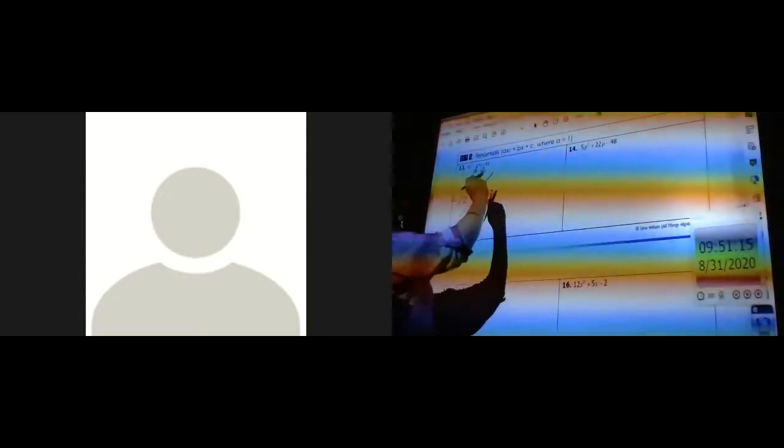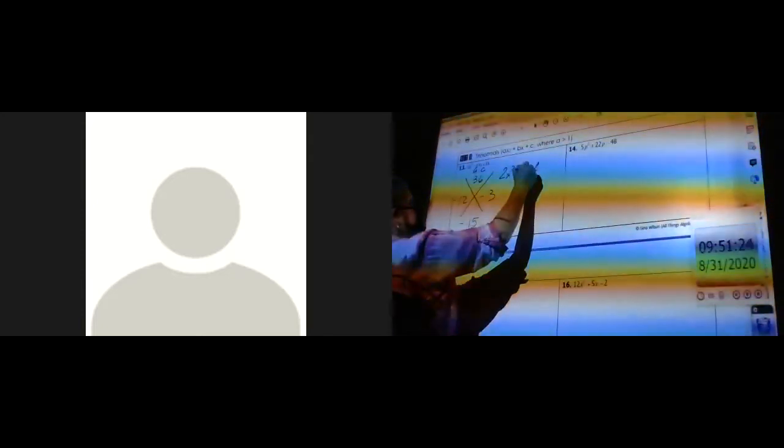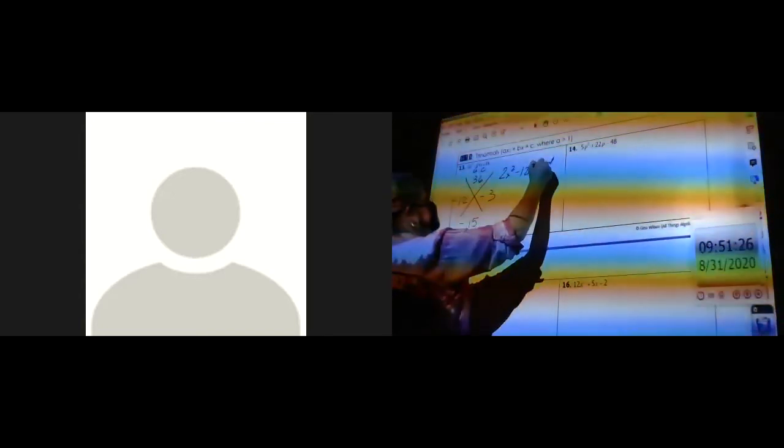Okay. So here's your extra step. You have 2x squared minus 12x minus 3x plus 18. Oh, this is where the grouping comes in. Exactly. And now you look for that greatest common factor.